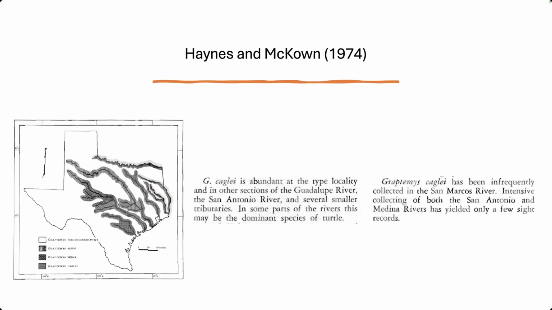And even though in the figure they emphasized that they were demarcating drainages and not the exact distributions of these turtles per se, right? This, along with some contradictory passages in their article, created a 50-year confusion as to whether or not Cagle's map turtles actually inhabit the San Antonio River drainage.